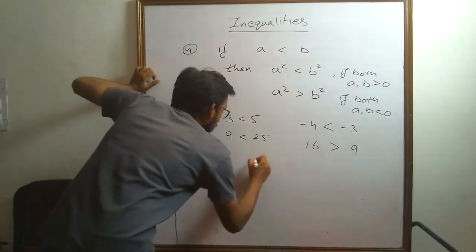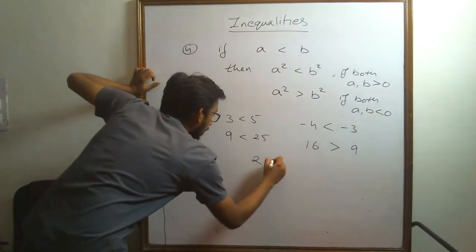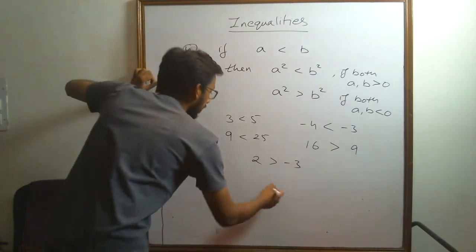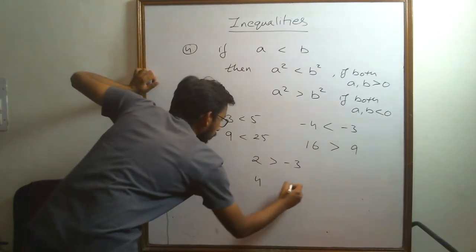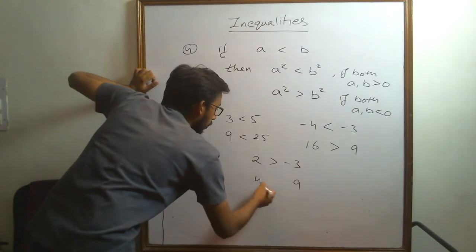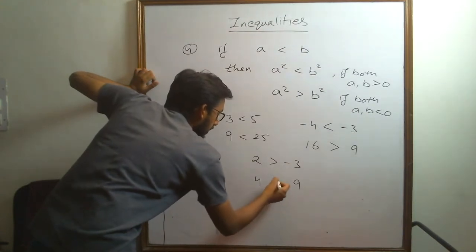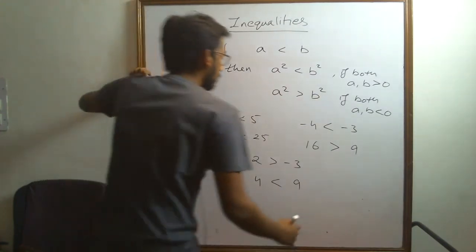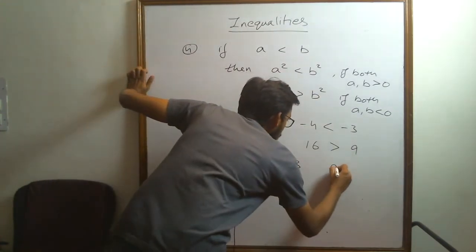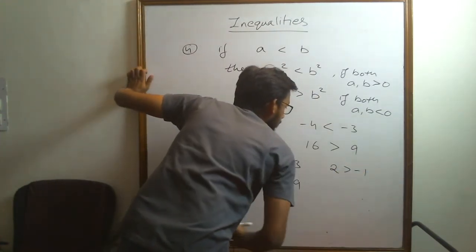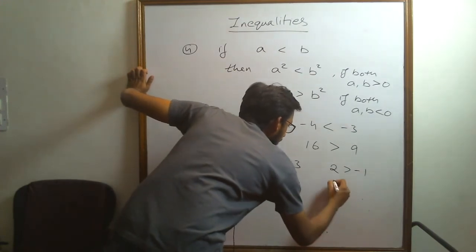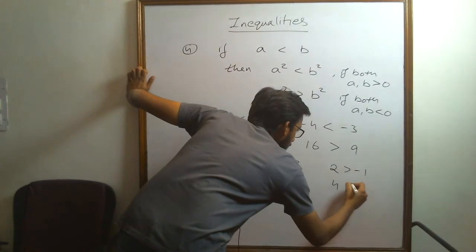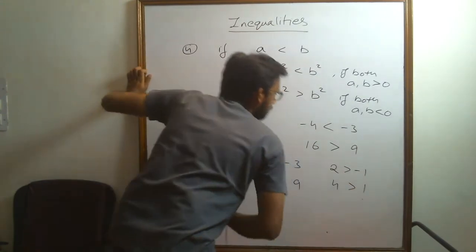Now suppose we get one positive and one negative. If I take the square, this is 4, this is 9, and for this example the inequality reverses. But suppose we had 2 is greater than minus 1. Taking the square, we get 4 is greater than 1.